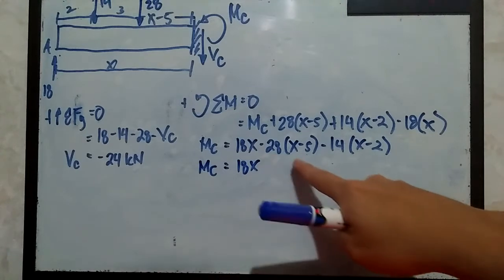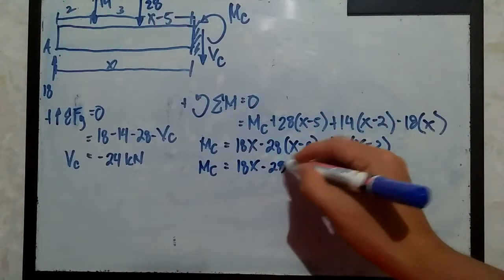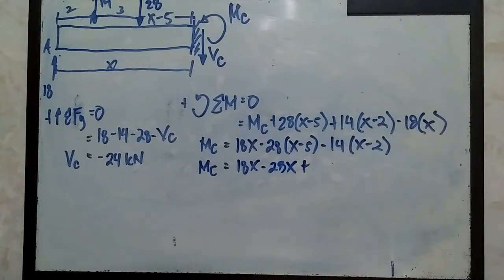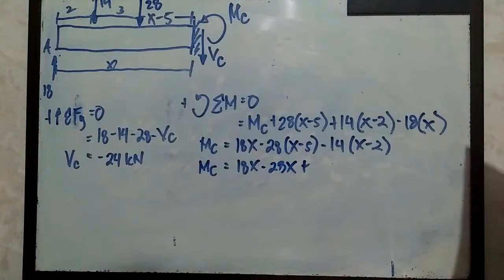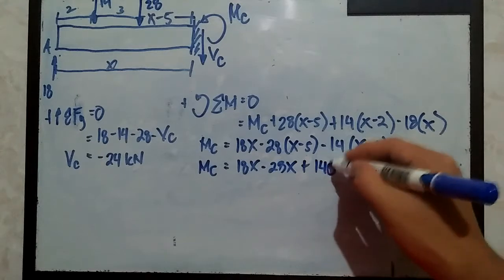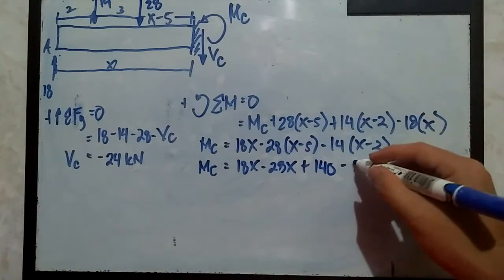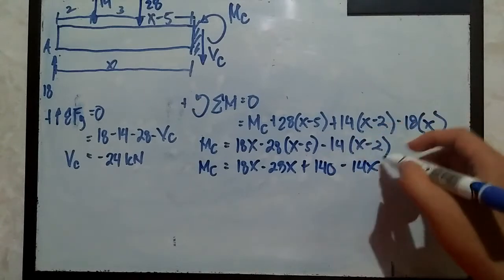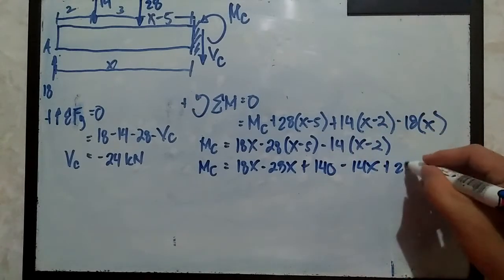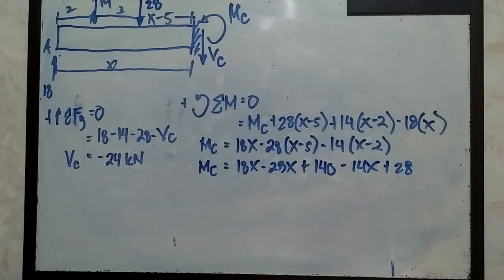Distribute negative 28 to this polynomial. That should be negative 28x plus, what is 28 multiplied by 5? That should be 140, so positive 140, because negative multiplied by negative is positive, minus 14x, and plus 28, because negative 14 multiplied by negative 2 is positive.